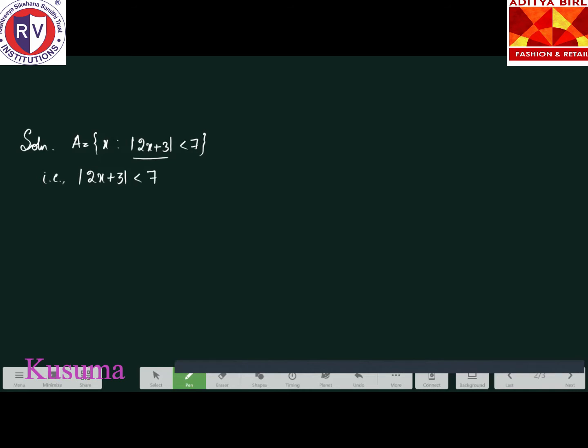This is the given condition. Now let us solve this. When we remove the mod, this is equivalent to 2x plus 3 lying between minus 7 and plus 7.